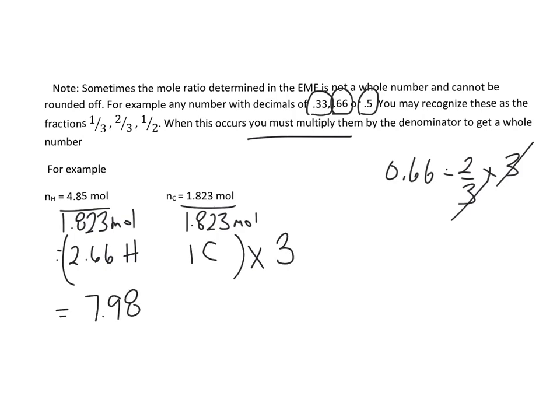When you're off by a few hundredths in a decimal place for the whole number, you can round those off. So that's 8. And then 3 carbons. So your formula then is C3H8. 3 carbons for every 8 hydrogens. So that is how you calculate empirical formulas and molecular formulas.